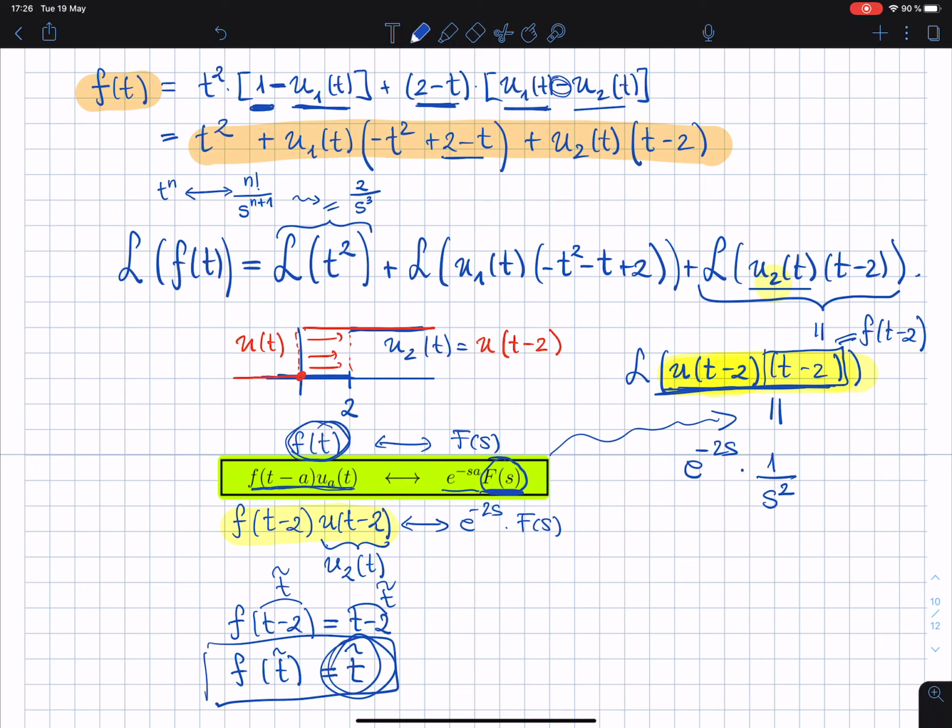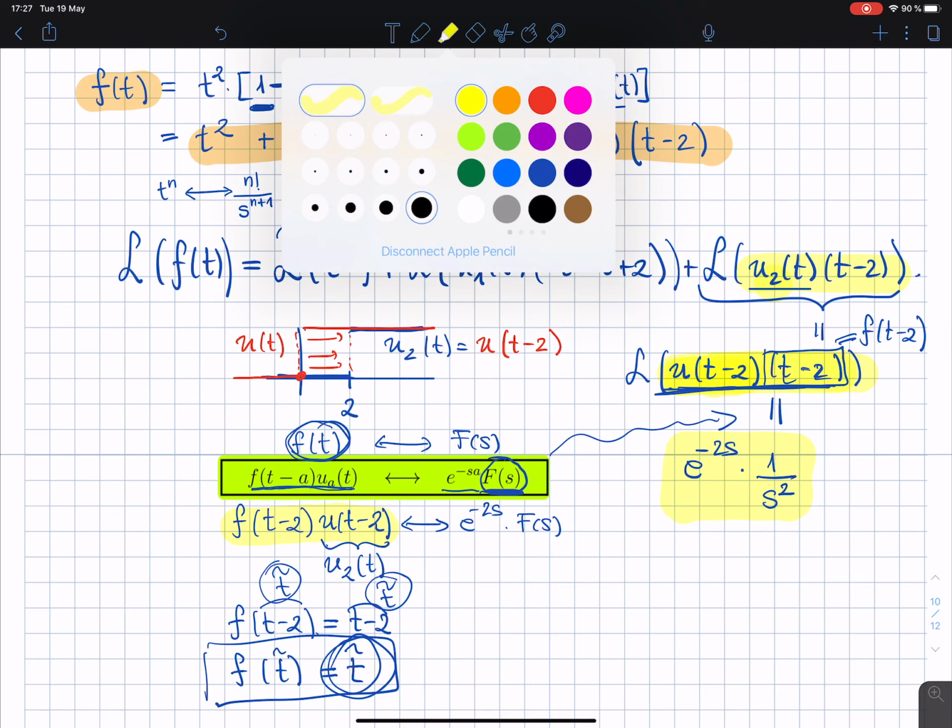So the Laplace transform of this term is this one. This was pretty simple to apply because this function t minus 2 is easy to do this change of variables and to know who is f of t. If f of t minus 2 is t minus 2, f of t is just t. But we will see it can be a little bit harder, for example, with this case here.